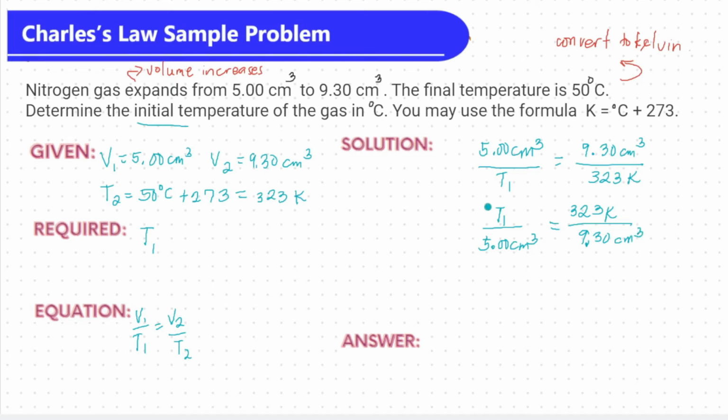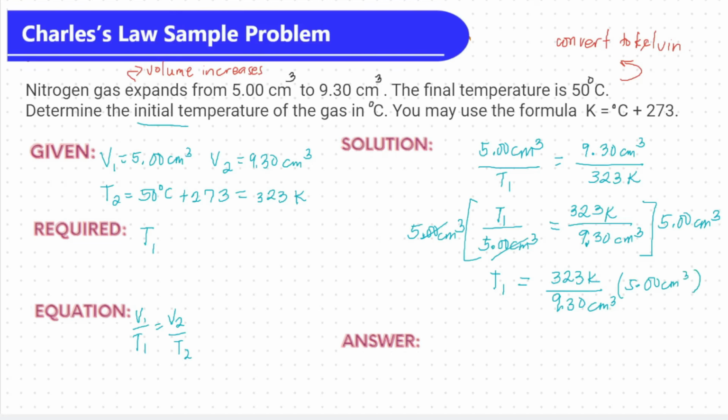Ngayon, kailangan si T1 na lang matira sa kaliwa. So, what we can do is multiply both sides by 5.00 cubic centimeters. When I say both sides, multiply the left and the right para makancel siya. And therefore, we will be having T1 is equal to 323 Kelvin divided by 9.30 cubic centimeters times 5.00 cubic centimeters.